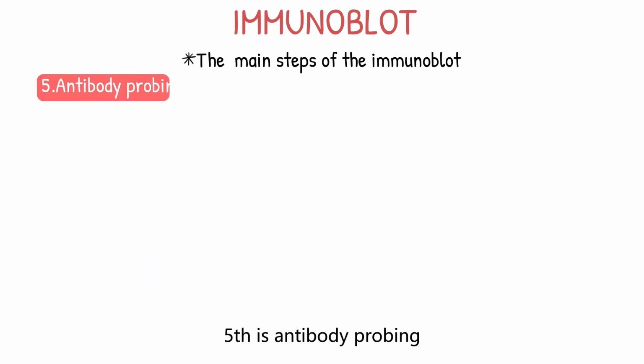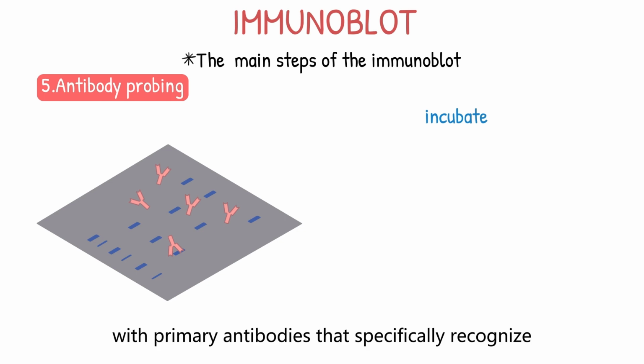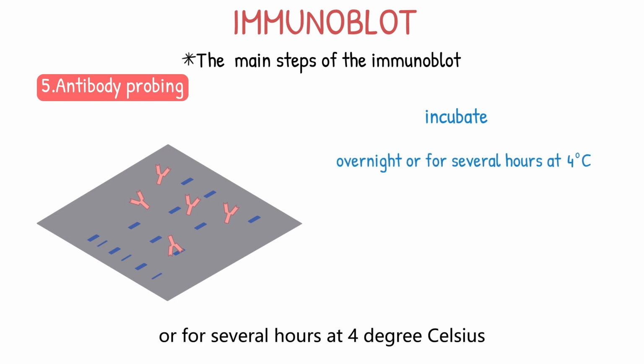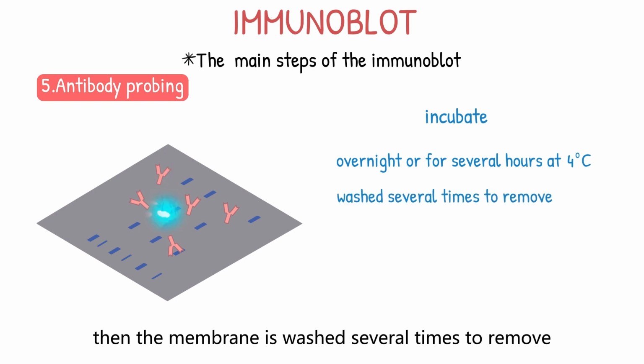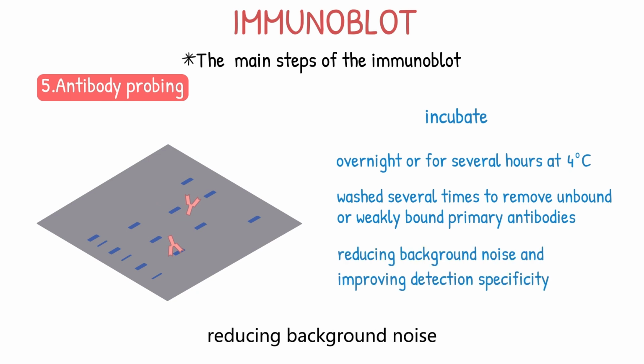Fifth is antibody probing. The membrane is incubated with primary antibodies that specifically recognize and bind the target protein, typically overnight or for several hours at 4 degrees Celsius. Then, the membrane is washed several times to remove unbound or weakly bound primary antibodies, reducing background noise and improving detection specificity.